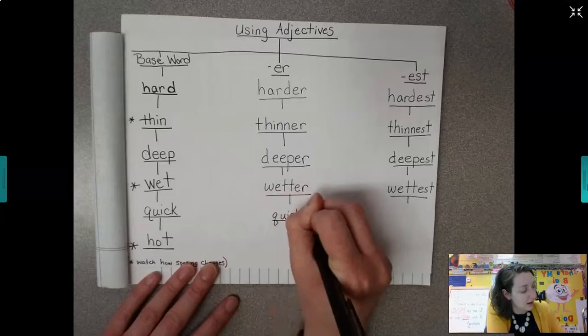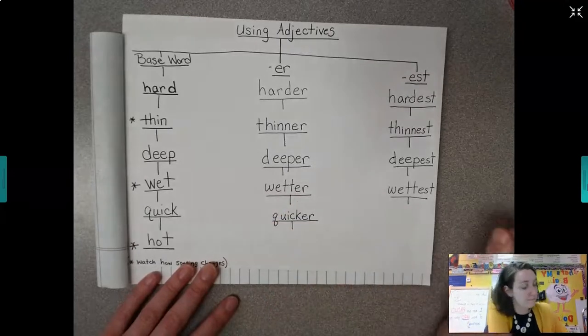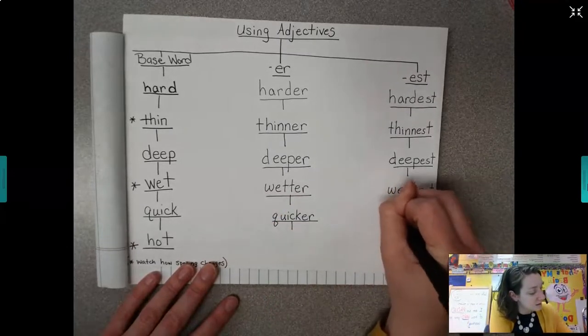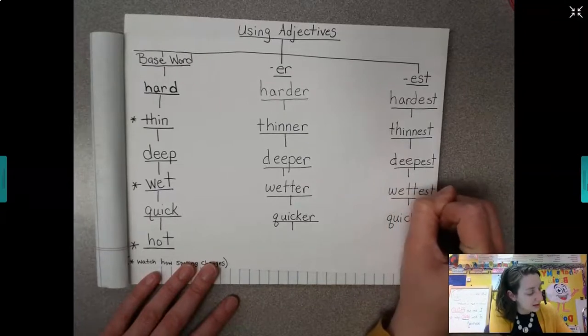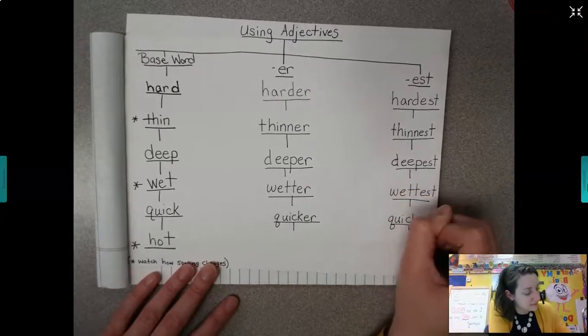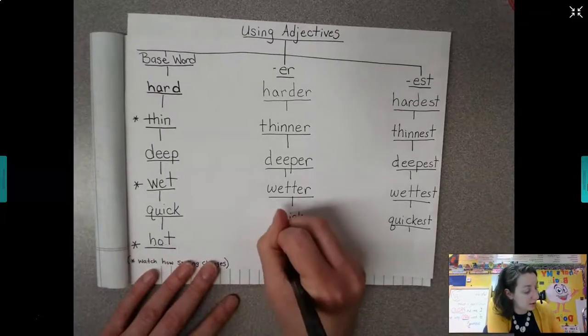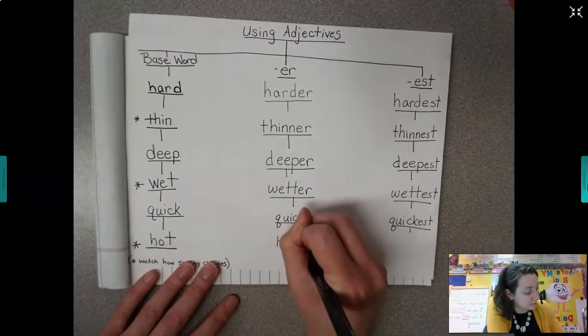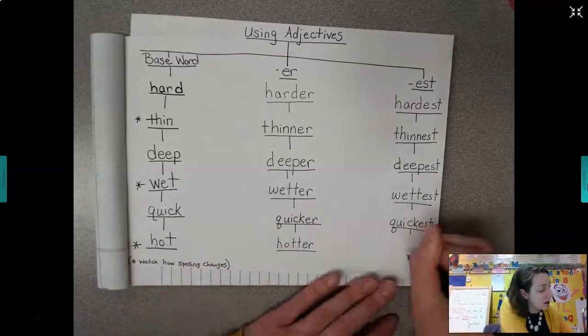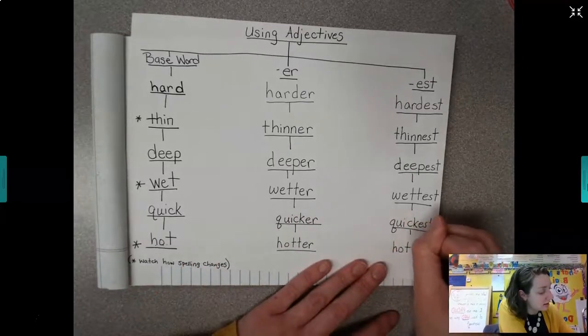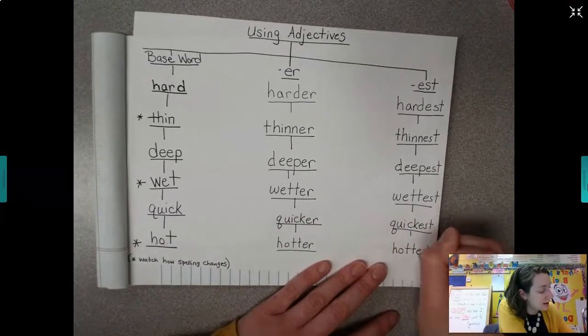So you're just going to add that ER ending or the EST ending. All right, and then finally, hot does have that consonant, vowel, consonant, so you are going to double that T, add the ER, and then add the double T before the EST.